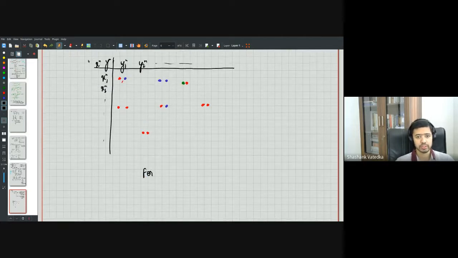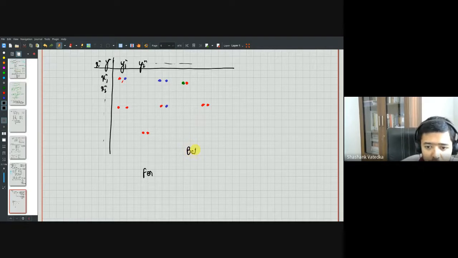So the balls correspond to the xn, yn pairs, and the bins are code word pairs.